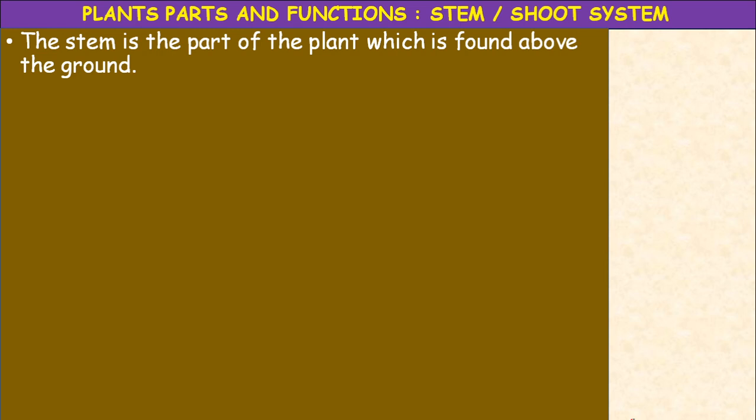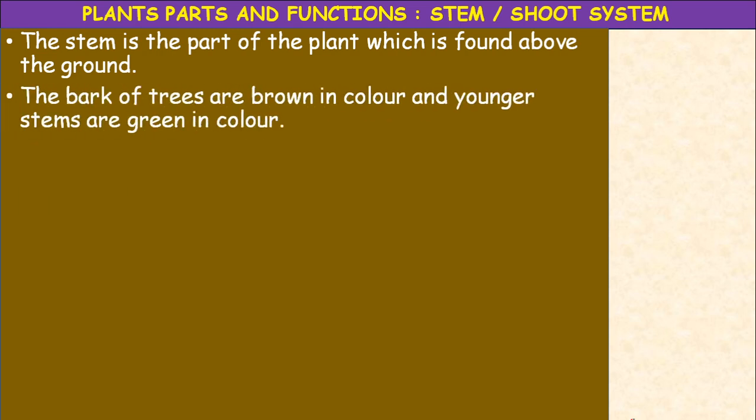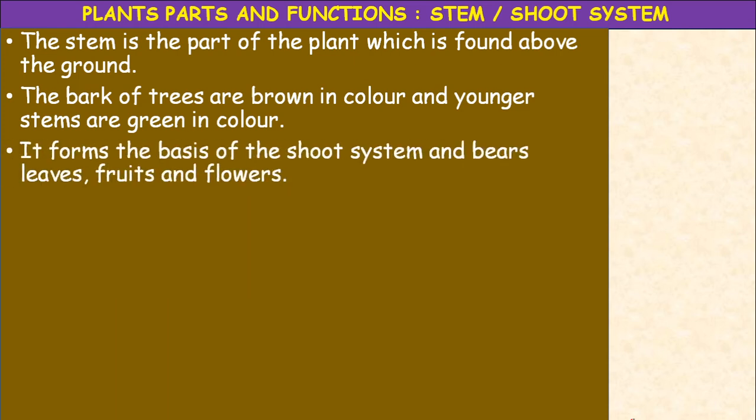So let us see the shoot system. The stem is the part of the plant which is found above the ground. The bark of the trees is brown in color and younger stems are green in color. The stem forms the basis of the shoot system. It bears the entire weight of the plant.